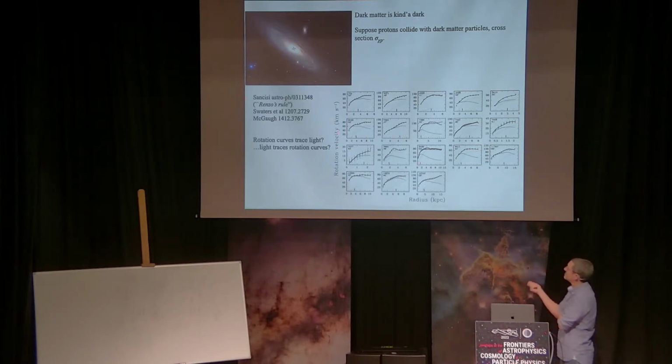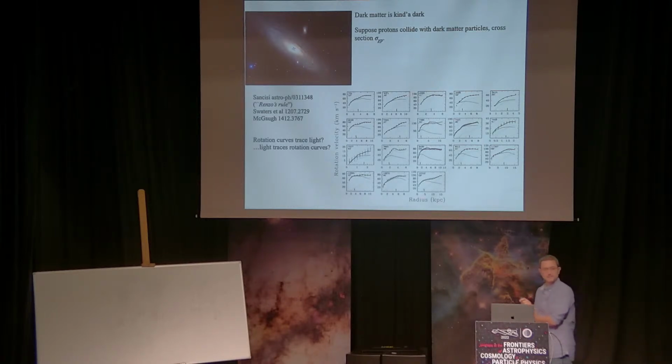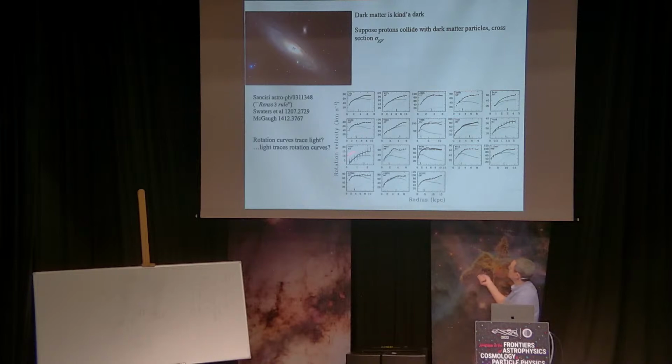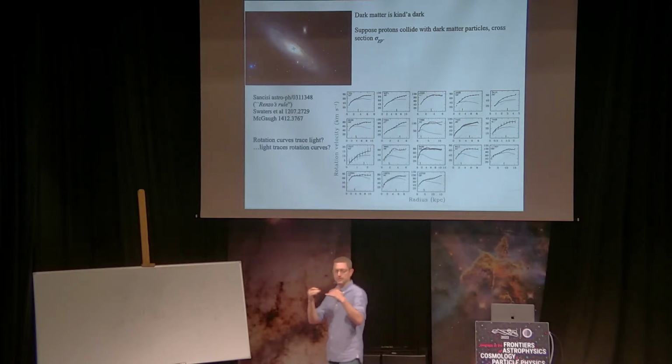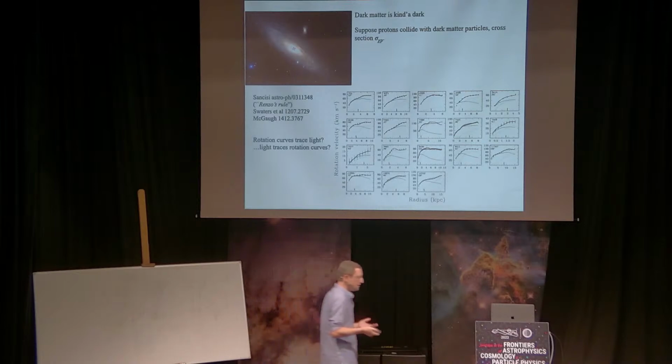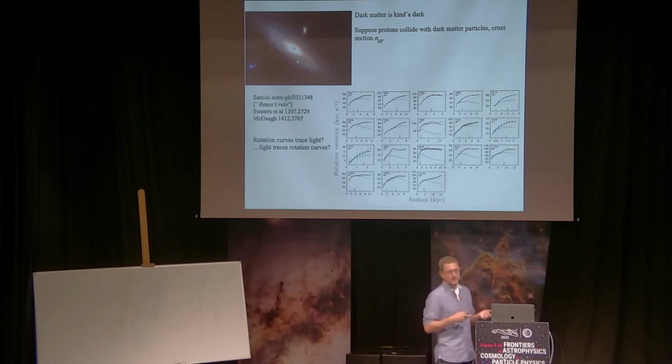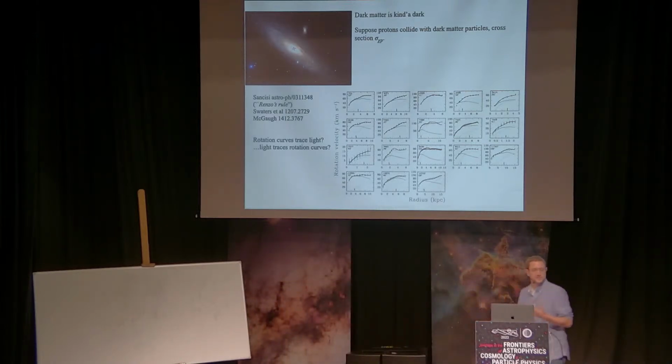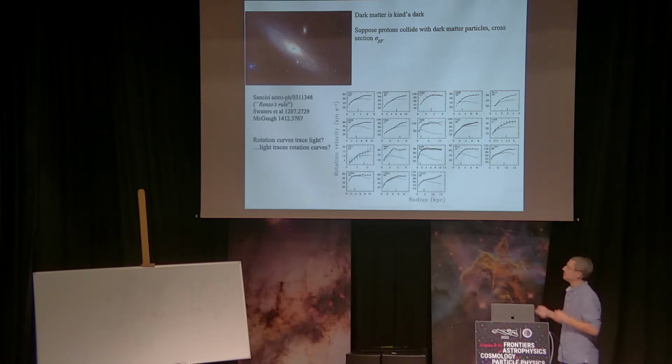And the claim by these authors is when you look at many, many different disk galaxies, and you look at the rotation curves, then the claim is as follows. If you remember, in the first lecture, we tried to crudely model the mass budget of galaxies, and some galaxies had both stars and gas. The stars usually live mostly in a disk, and the gas is in some configuration that you can roughly observe.